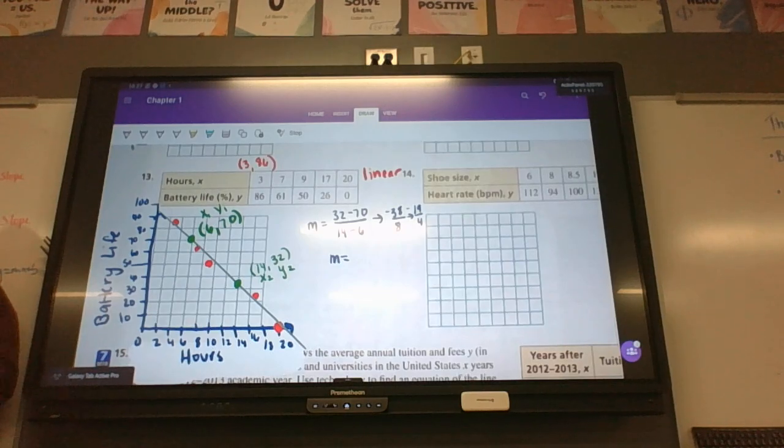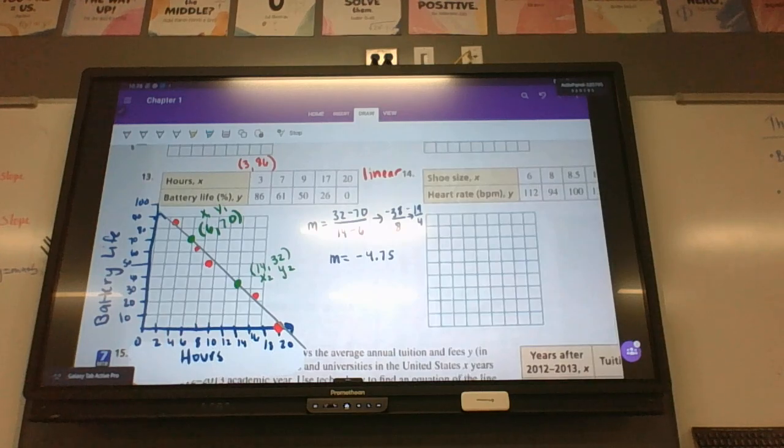What is it, 4.75? Everyone's slope should be negative, regardless of the points you pick. 4.75, yes, it is. Okay, negative 4.75 is my slope.